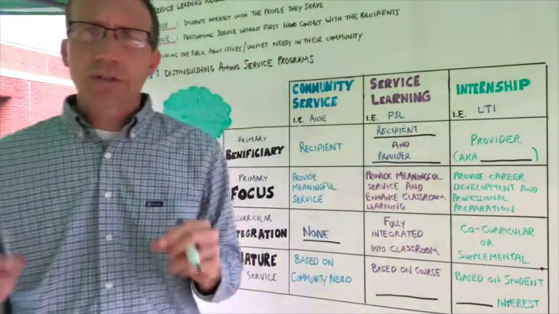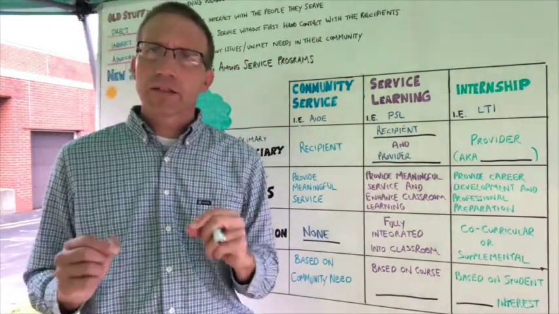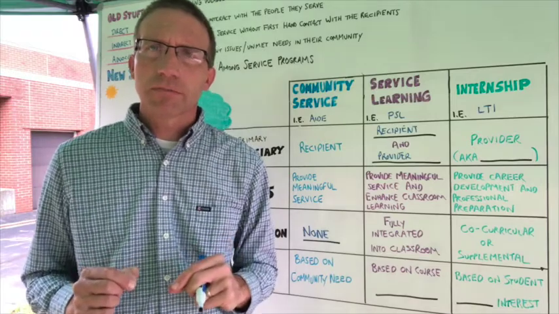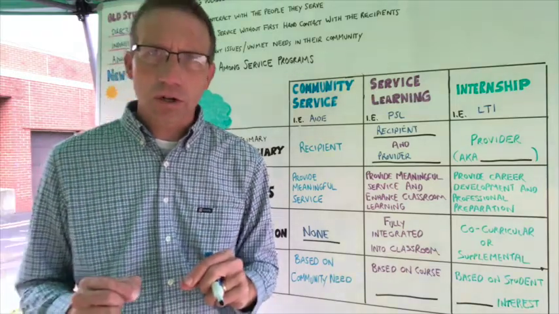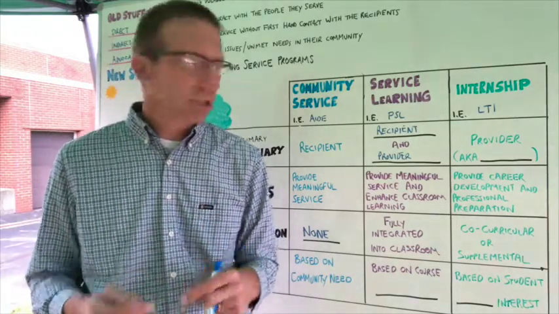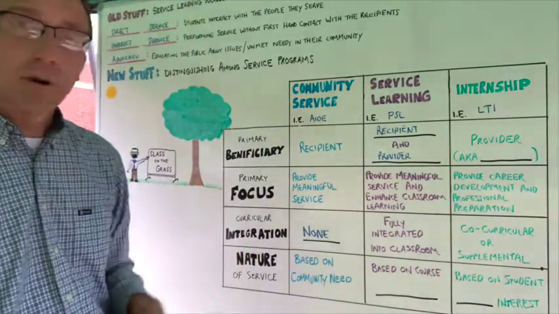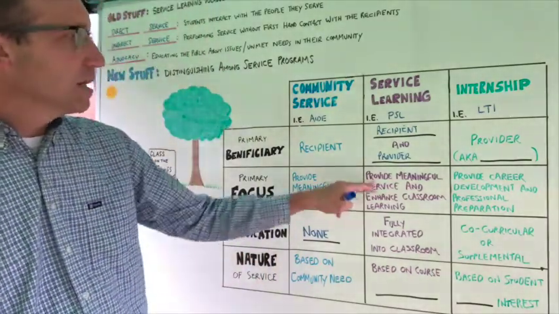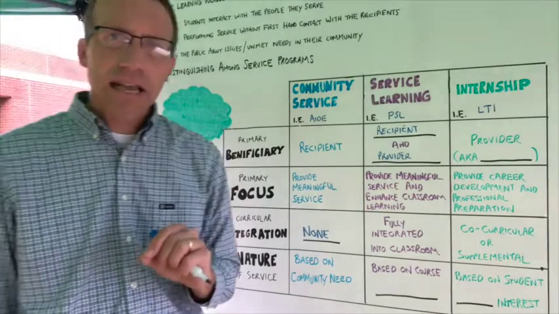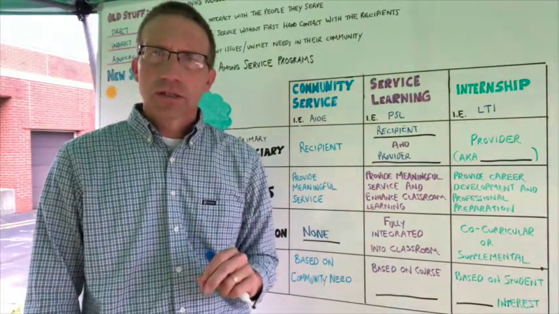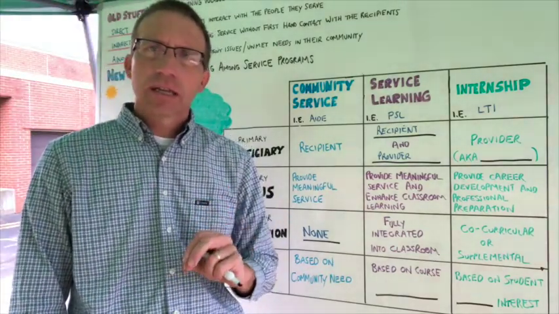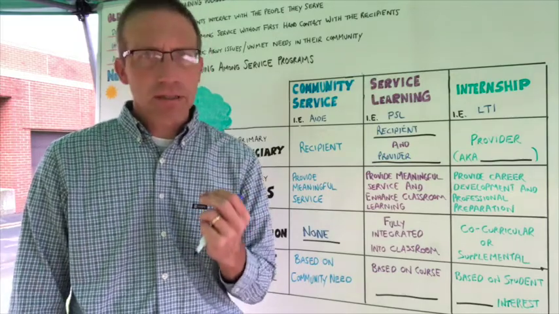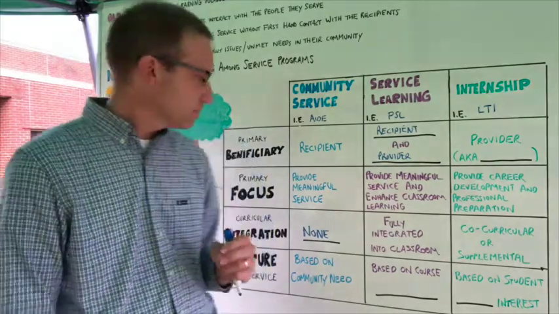They say if service learning is working well, the volunteer becomes the student and the person being served becomes the teacher. It should be a reciprocal relationship. As far as primary focus is concerned, providing meaningful service and enhancing classroom instruction. So the point of service learning is to add meaning to the topics that we're discussing in class.